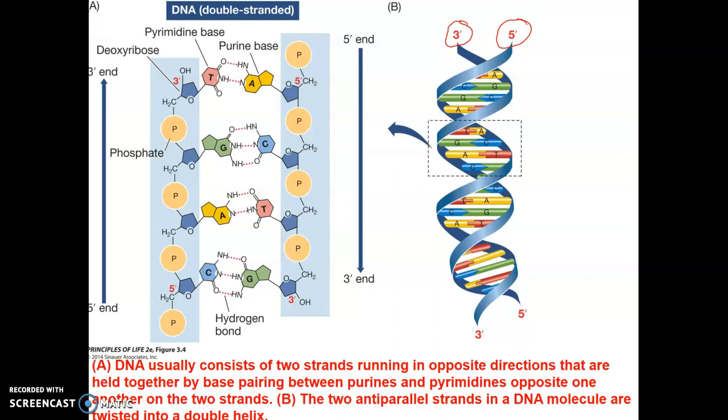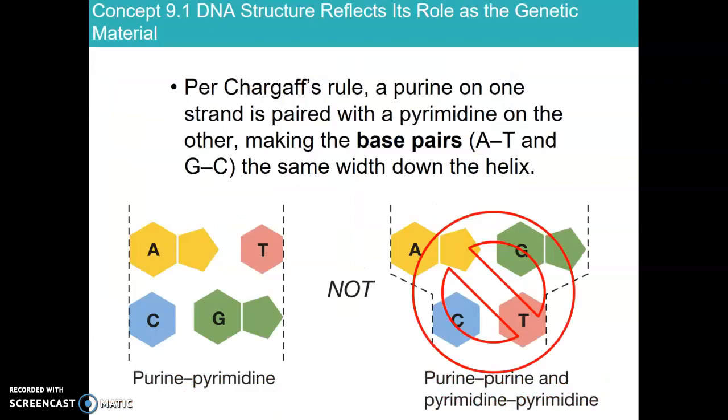The two anti-parallel strands in the DNA molecule are twisted into a double helix. Per Chargaff's rule, a purine on one strand is paired with a pyrimidine on the other, making the base pairs adenine-thymine and guanine-cytosine the same width down the helix. Okay? So they're structured as such, not this way.